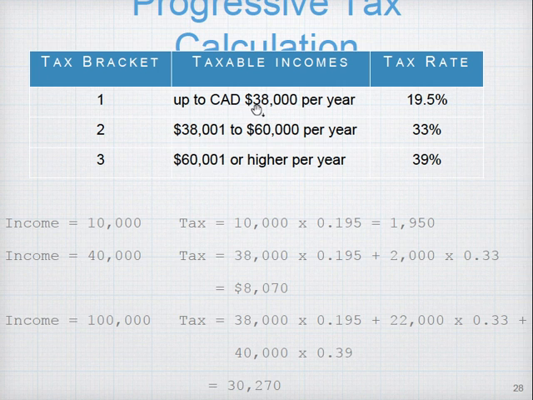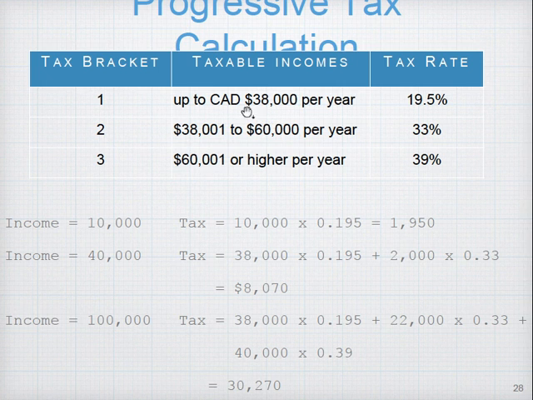So if you make $30,000 a year Canadian, from that amount you only pay this tax rate. Of course, there is also a personal exemption, so the first 8,000 or 9,000 Canadian dollars of annual salary you don't need to pay tax on.